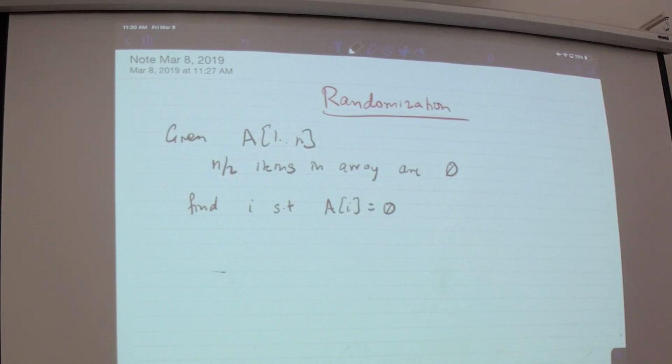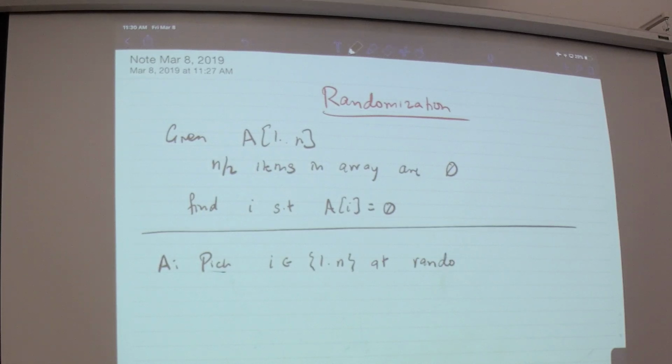So here's an idea. Here's my algorithm. Pick an index at random and look at it.